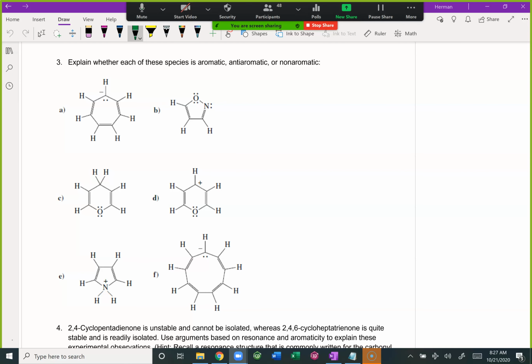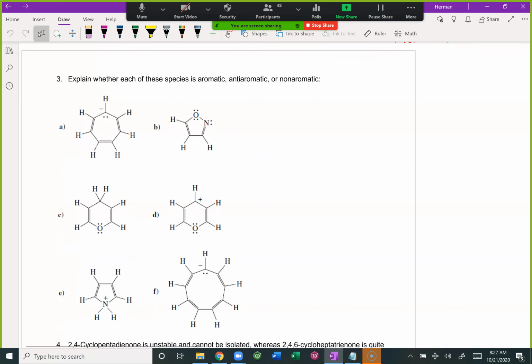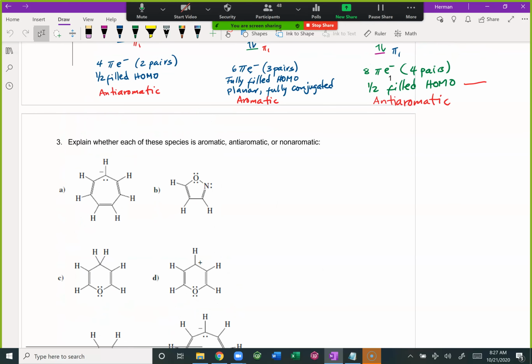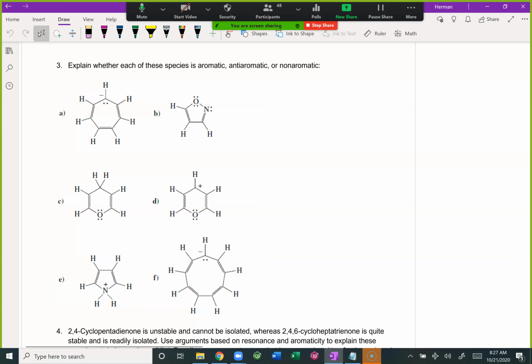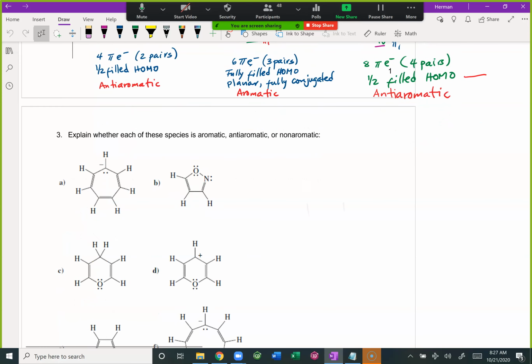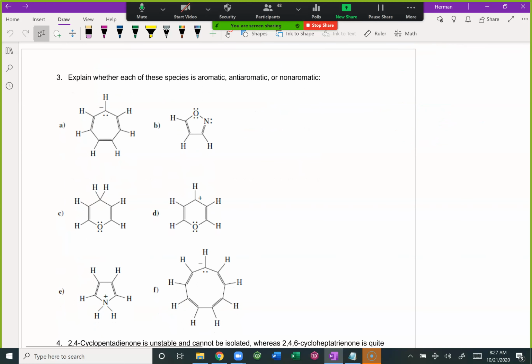We're going to continue here on chapter 8 and we're learning about aromaticity. Question number 3 says explain whether each of these species is aromatic, anti-aromatic, or non-aromatic.